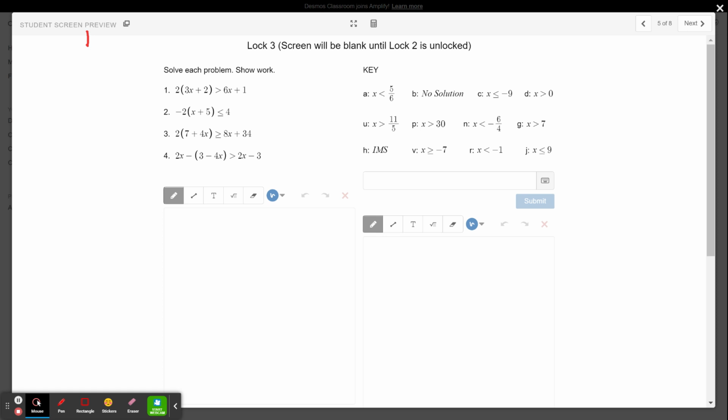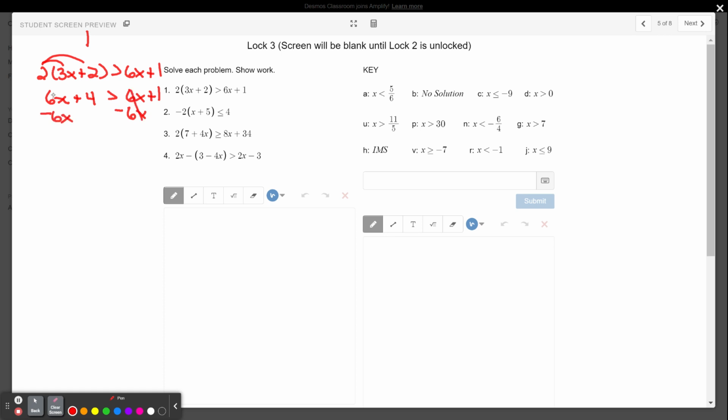So we're going to distribute number 1. So we're left with 6x plus 4 is greater than 6x plus 1. We're going to minus 6x on both sides. Notice that the x's wipe out.